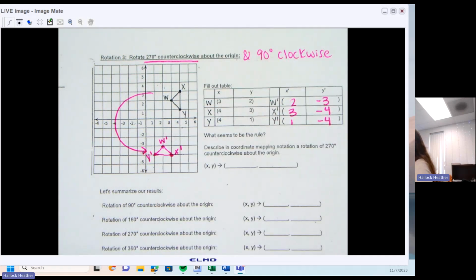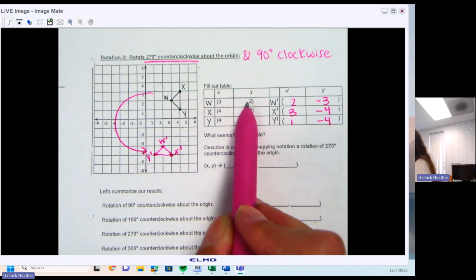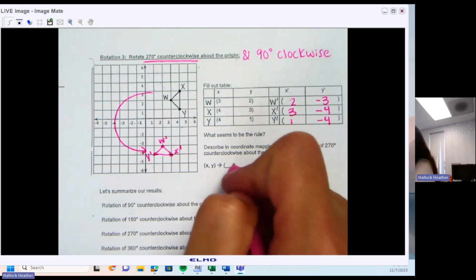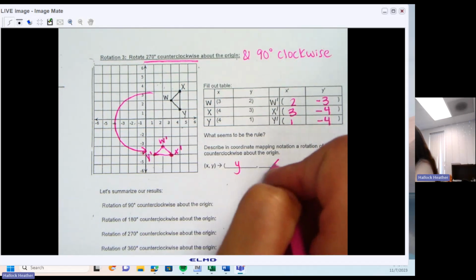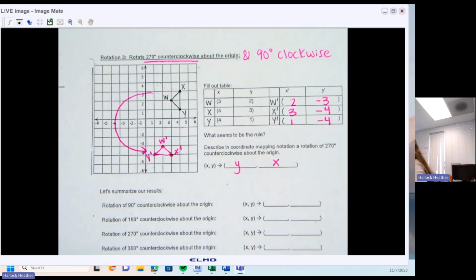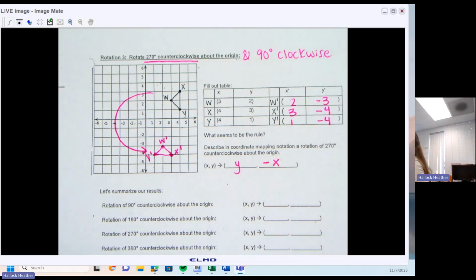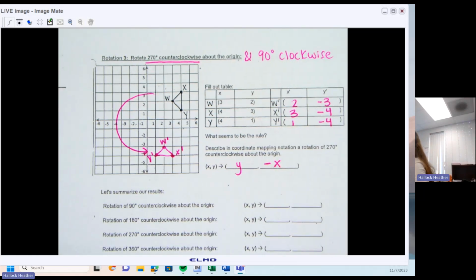Looking at my coordinate points, this time it went from 3, 2 to 2, -3. So what's one of the things that changed? It switched. X became Y, Y became X. And which value changed, the front one or the back one? The back, the X. So they flip, and the back changes its sign.